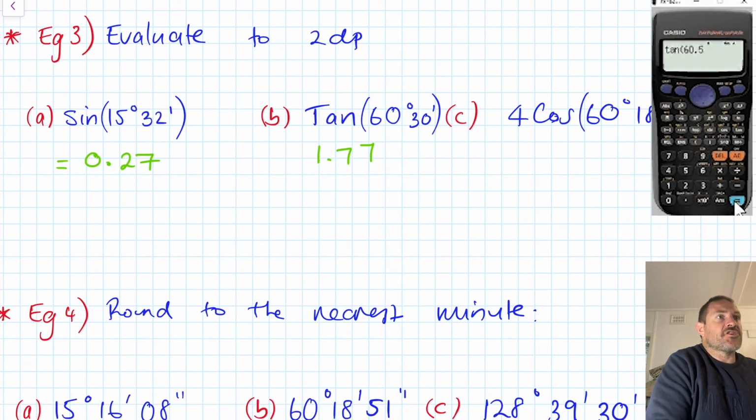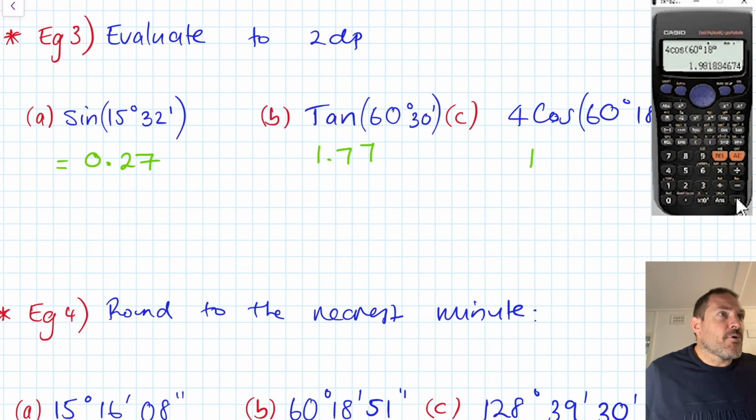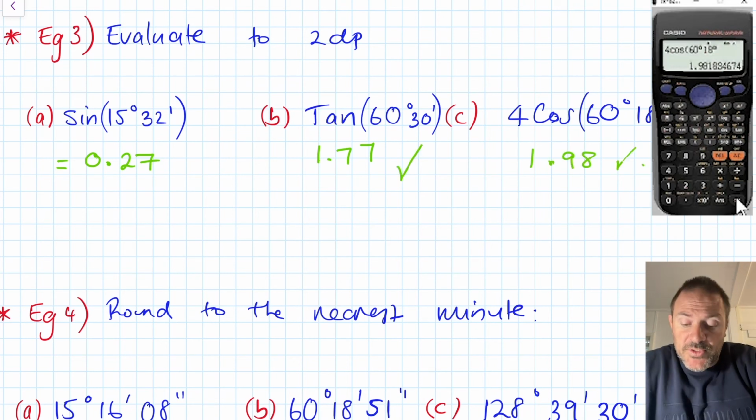If I did that conversion in my head, still the same answer of 1.77. That's pretty cool. The next one, we've got 4 times cos, or 4 cos. We've got 60, and then degree button and 18 and degree button equals, and I get 1.98 to 2 dp. Hopefully you got those ones correct.